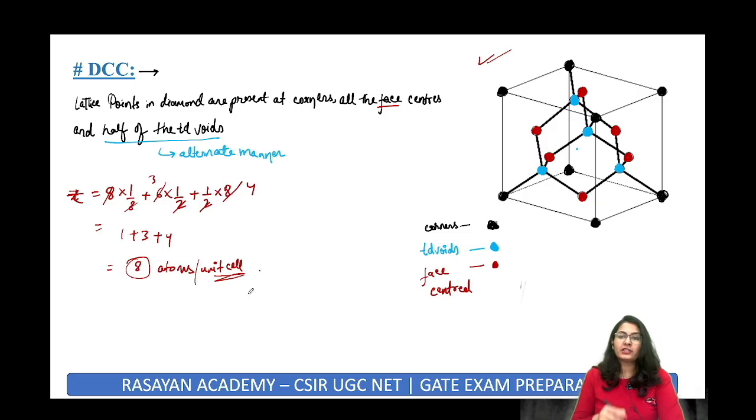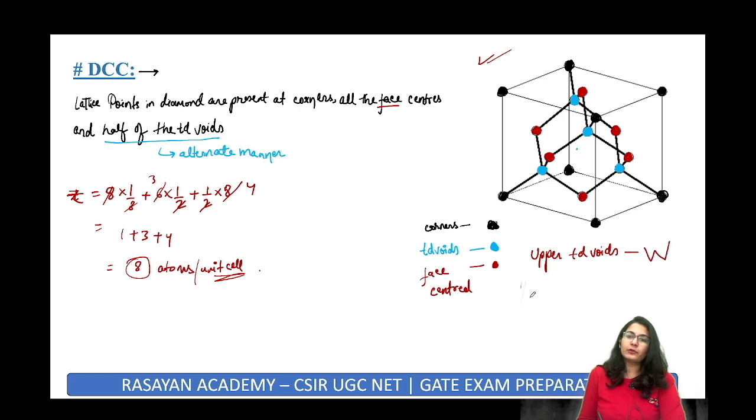अच्छा देखो एक और चीज, since there are less tetrahedral voids over here, you can understand one more thing. The upper tetrahedral voids will always make a W, and the lower tetrahedral voids, they are going to make a M like this.